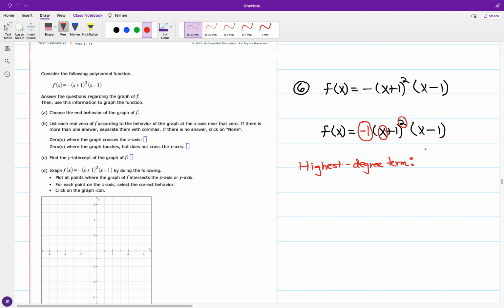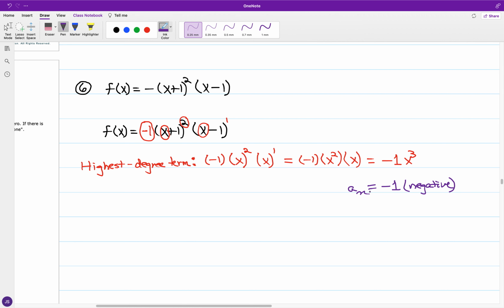The coefficient of the highest order term is negative 1. And the degree of the function is the power to which x is raised in the highest degree term, so n is equal to 3.